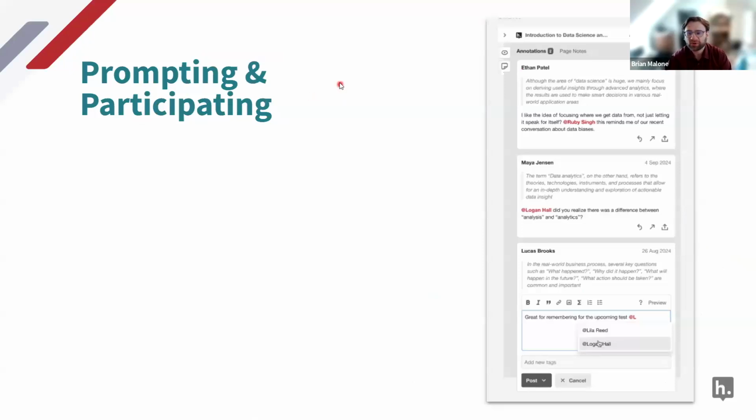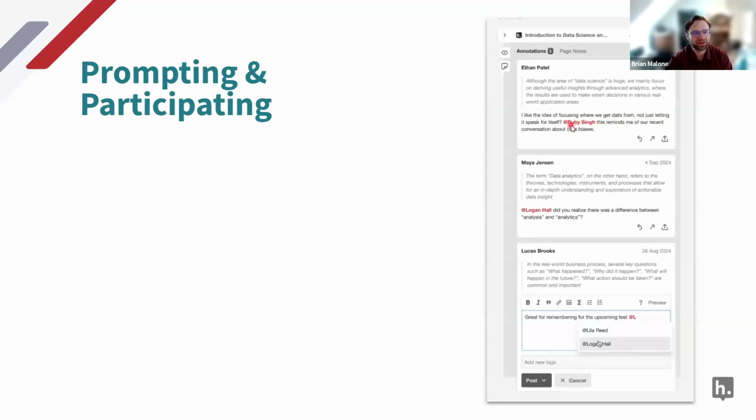So when we get to prompting and participating, I wanted to first mention our little Hypothesis overlay, the image on the right-hand side. This is the Hypothesis tool, and very exciting. This is showing our new @mentions feature at play. So we have some students that are responding to each other and directly tagging the other students that they want to acknowledge.